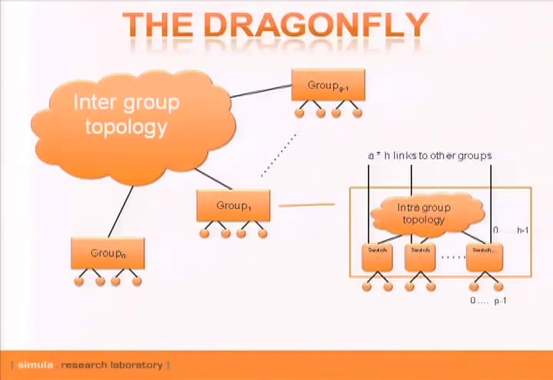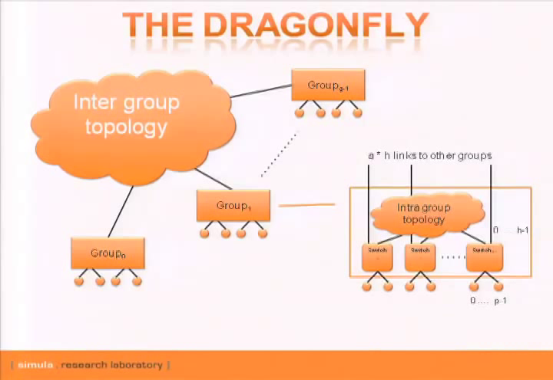First, you will reach an intermediate group before reaching the group that hosts your destination. So, assuming perfect adaptive routing here, we will have an oversubscription or a blocking of two.